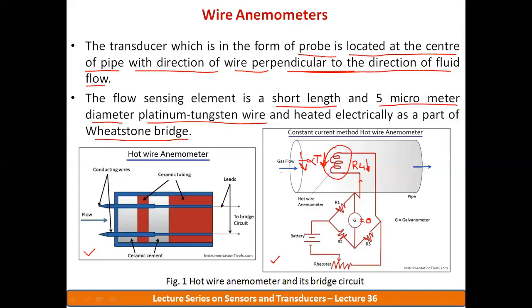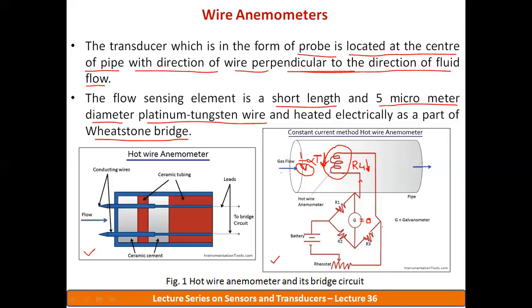The reading of the galvanometer will be proportional to the change in the resistance, thereby proportional to the change in the temperature, and thereby proportional to the change in the velocity of the flow of gas.